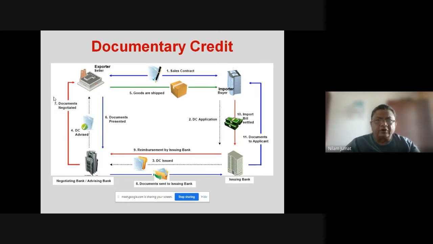So that is what you call documentary credit. Simple as that. Irrespective of whether the importer accepts the shipments or accepts the documents, the exporter will get the money.